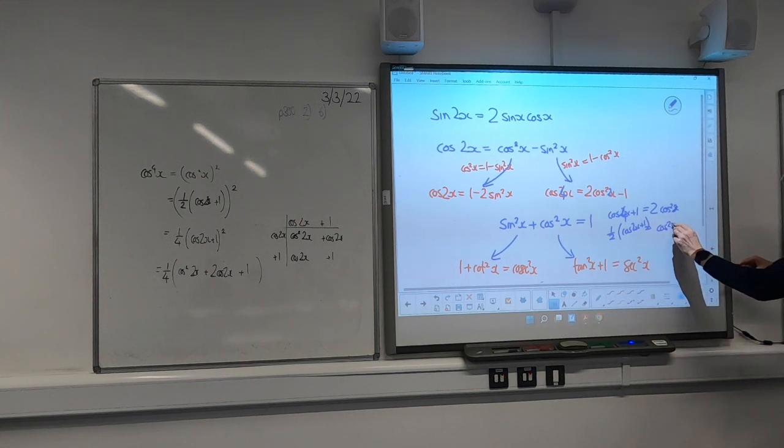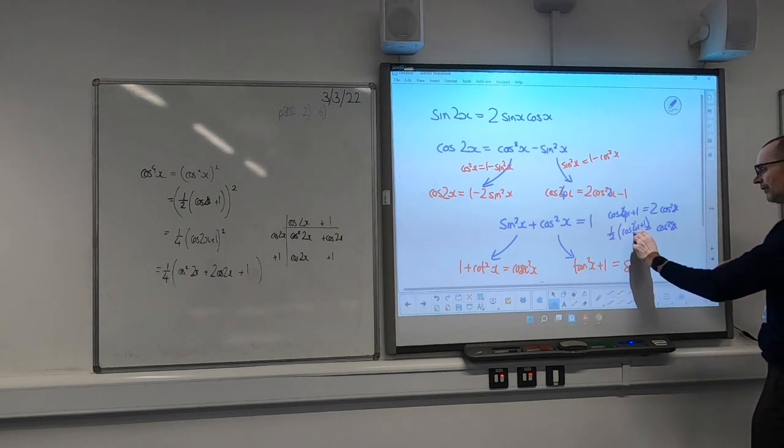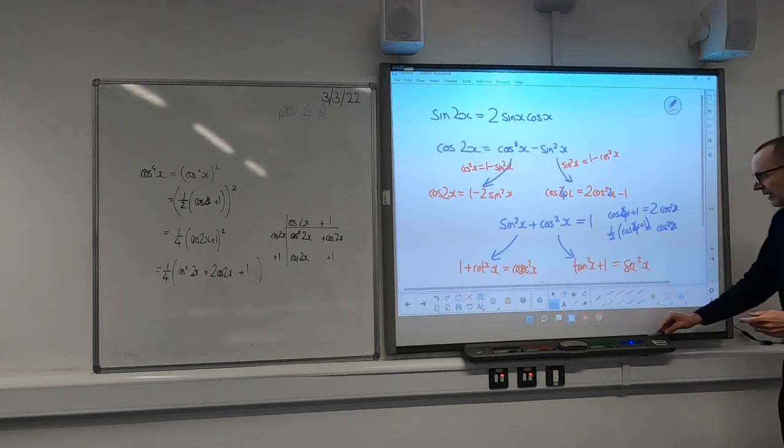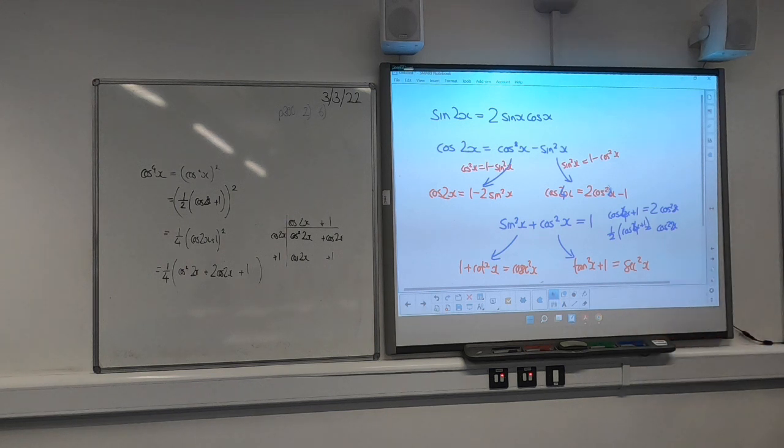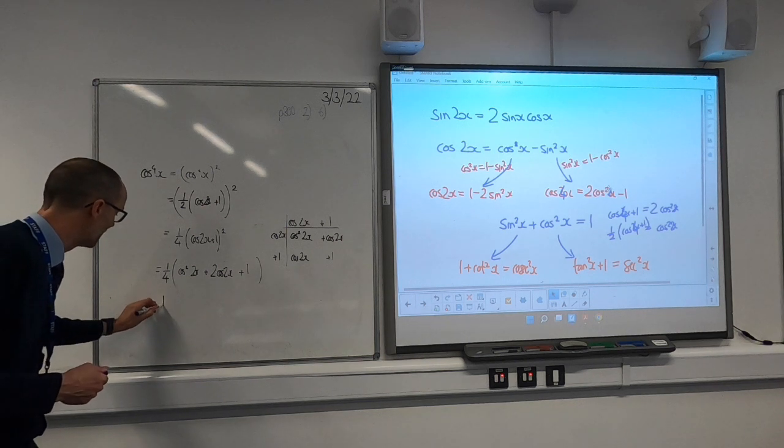So cos squared 2x is a half of cos 4x plus 1. So I'm caught in a bit of a loop here. I'm hoping I'm going to pop out in a minute.